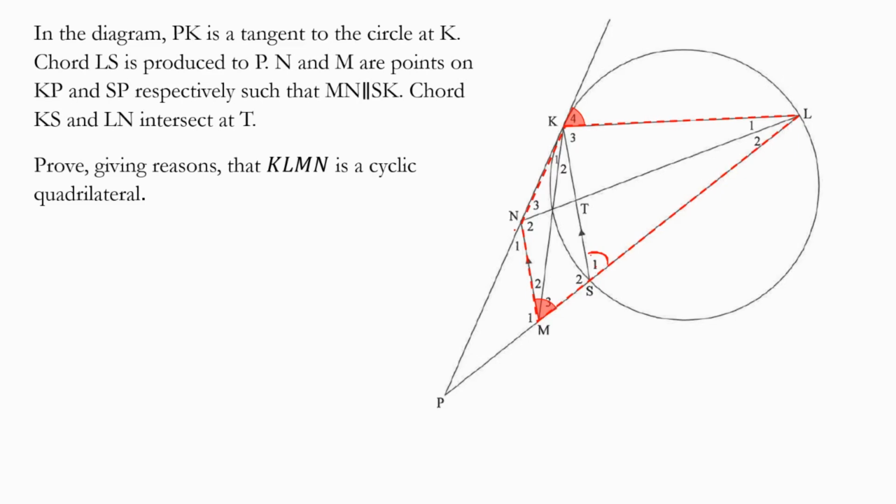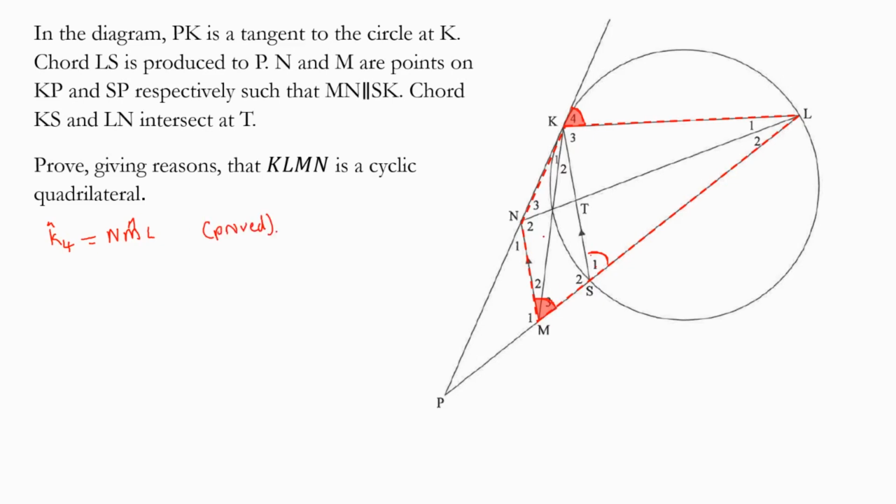Now, if you look at this quadrilateral, you can see that K4, which is an exterior angle, is equal to the opposite interior angle, NML. So we're saying here, angle K4 is equal to angle NML. We proved that in the previous question. So let's write proved.